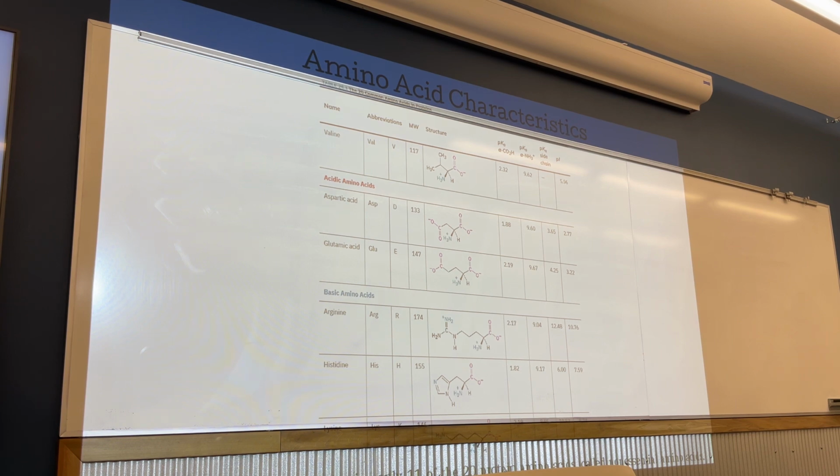And of these main 20 amino acids, we're able to make 11 of them. Okay, so we can synthesize 11 amino acids from their precursors to then utilize them. That means there are 9 that are called essential amino acids. And those are going to be things like lysine and valine.